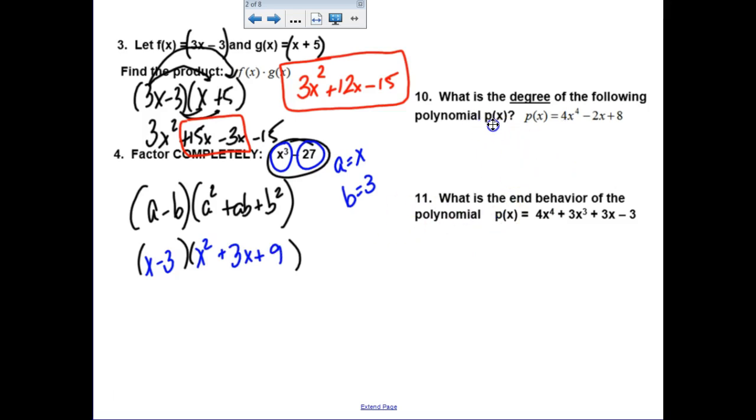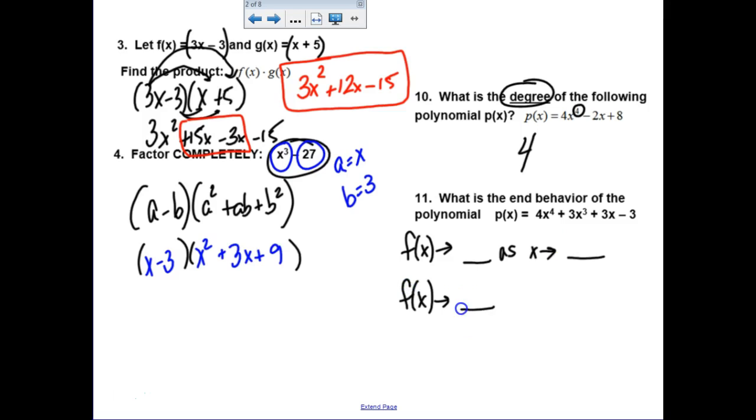All right, moving over to number 10. This is a vocab question. The degree is the highest exponent. So when I look at this question, I see the highest exponent is a 4, so this is a degree 4. And behavior. You won't be filling it in, you'll be selecting the proper one on a multiple choice test. So this is kind of a dyslexic's worst nightmare though, because if you're looking at an answer and it looks right to you, if you're anything like me, they all kind of look right to you, so you got to really focus and concentrate.